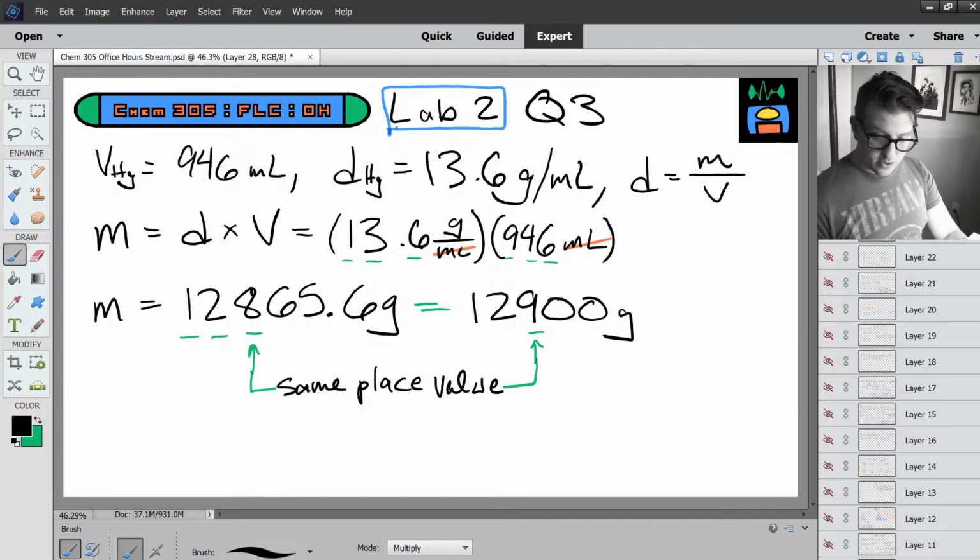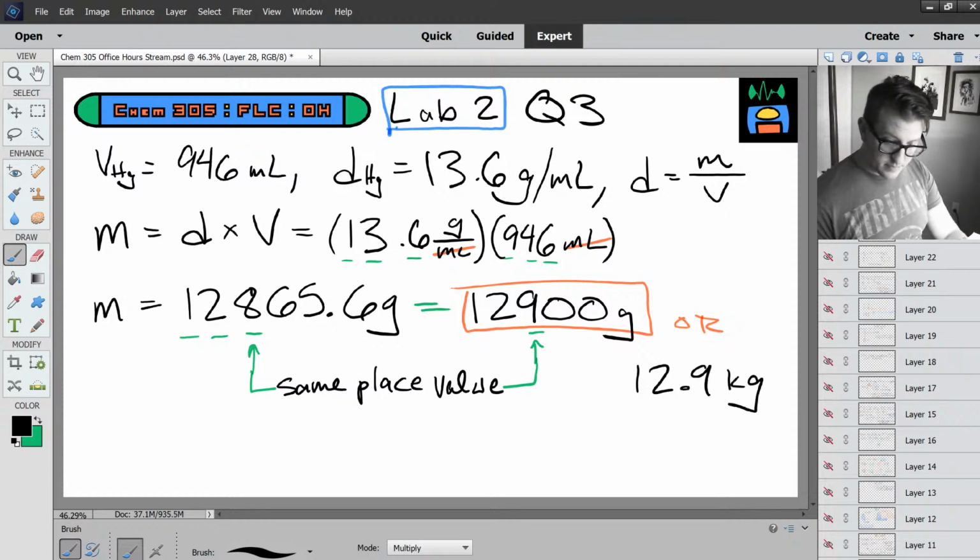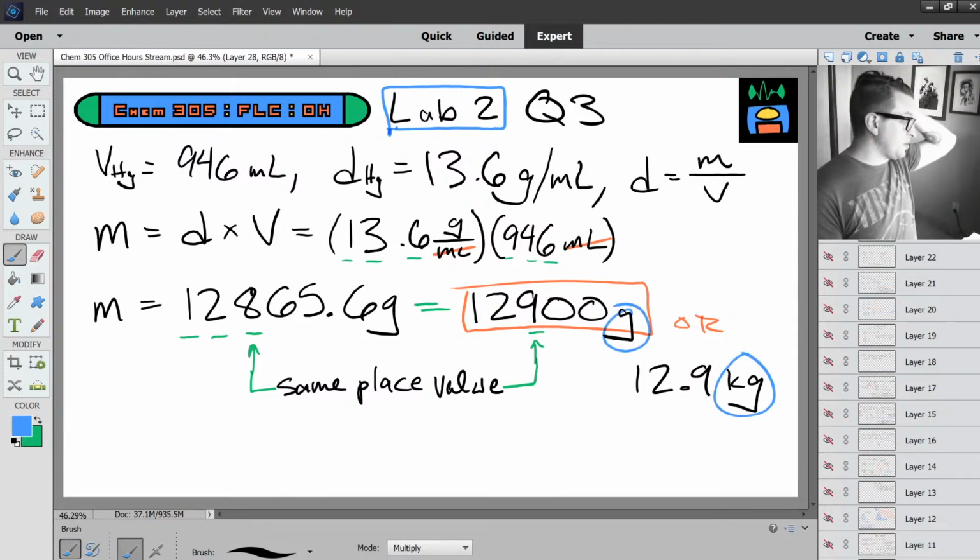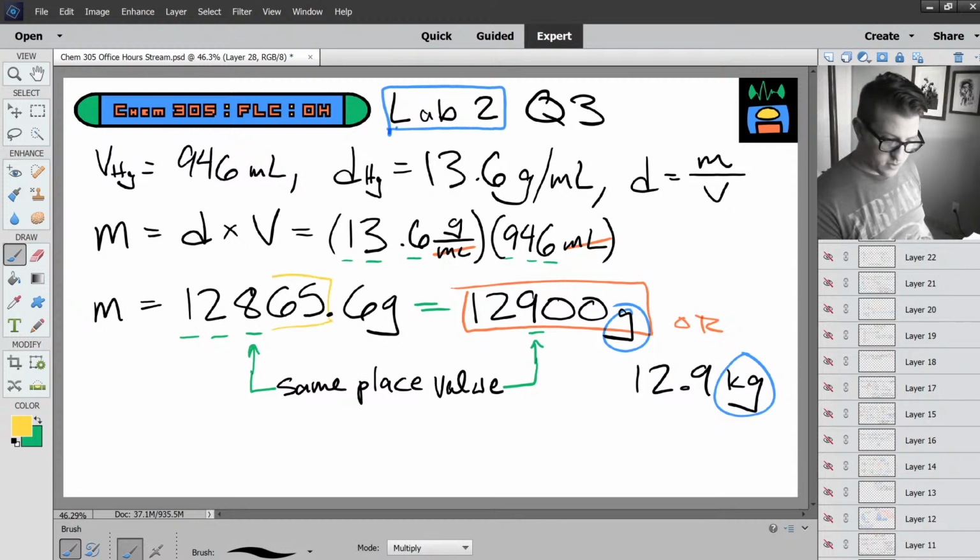So the answer here would be 12,900 grams, or if you wanted to convert to kilograms, you could write this as 12.9 kilograms. But again, that's a different unit. If you're staying in the unit of grams, then 12,900 is the same. Just remember, whenever you round, these digits turn into zeros. Does that make sense?